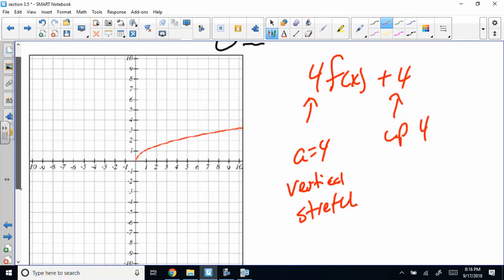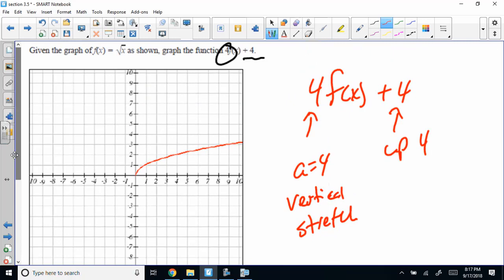All right. So how you going to graph that? Well, watch this. I would go this point, that point, that point, right?